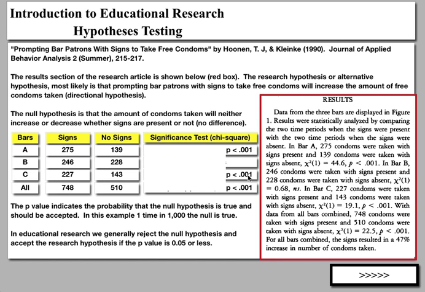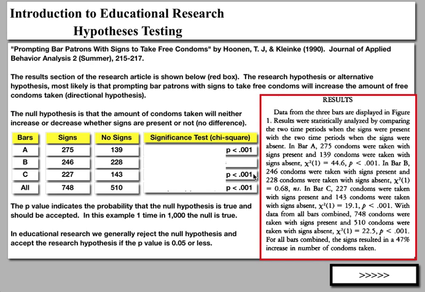If you look at bar B, bar B was not significant, but in bar C, the results are exactly the same. The null hypothesis, the hypothesis of no difference, will be true 1 time out of 1,000, actually less than 1 time out of 1,000. So 999 times out of 1,000 we can say with a high degree of probability that it was the independent variable.